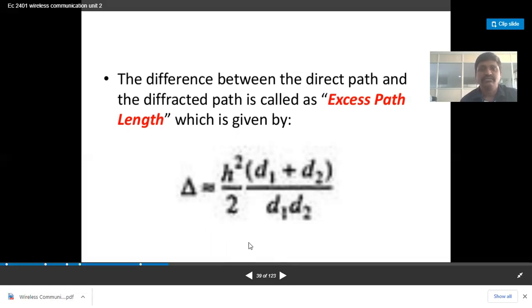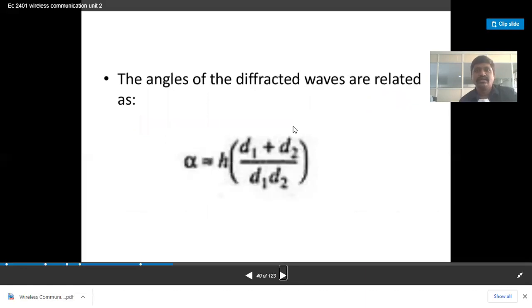This length can be measured by delta, which is approximately equal to h square by 2 of d1 plus d2 by d1 into d2. The angle with which it is diffracted is known as alpha, which is equal to h into d1 plus d2 by d1 into d2. Delta and alpha are the measurements.